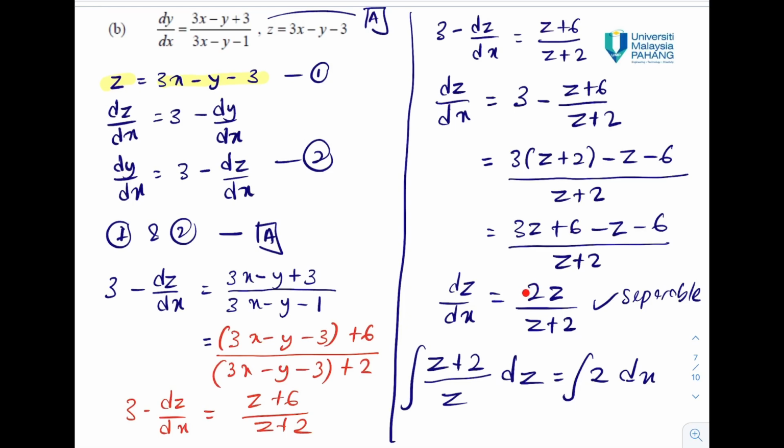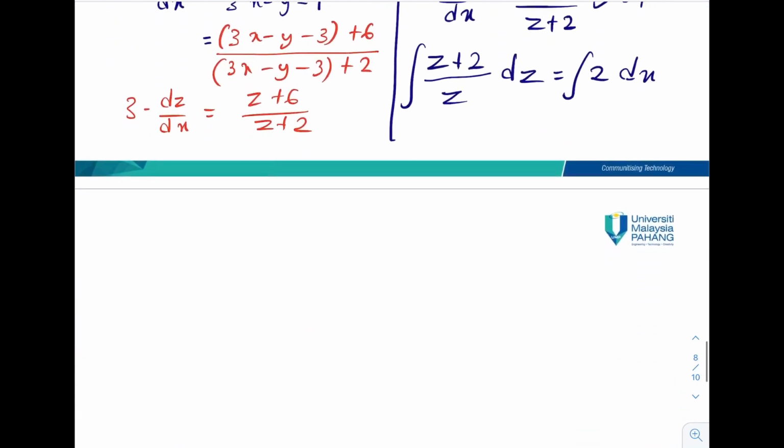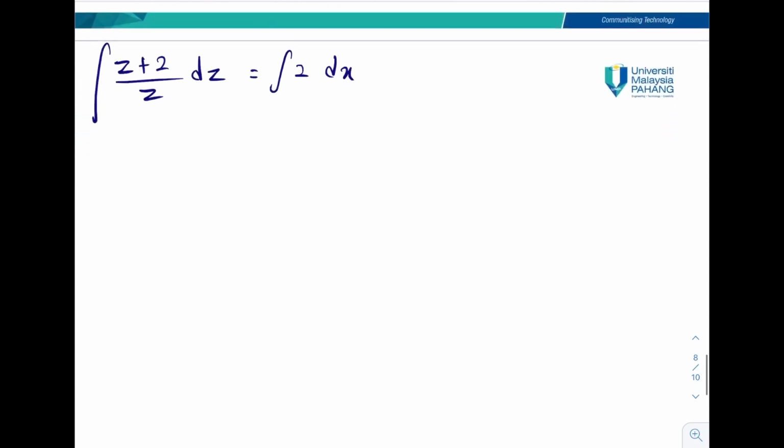I leave my number 2 at this side, and then I bring dx to this side, and then z plus 2 per z, I bring to this side. Okay, it's up to you whether you want to bring the number 2 to the left side or not. It's up to you. But this is my working step for now. You can have yours. Okay, and then I copy back z plus 2 per z dz, 2 dx.